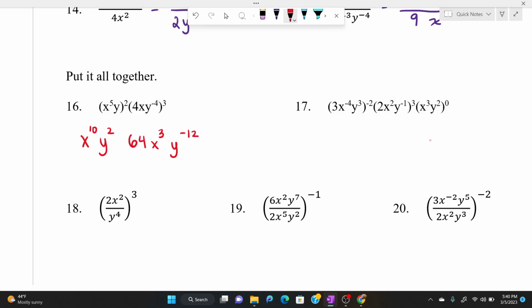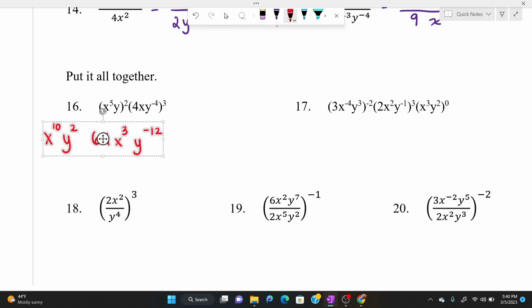Now, we still have some work to do. Let me move this over a little bit. And let's see what's going to happen. So let's combine these x terms. So that'll be x to the 13th. Let's put the 64 in front. I'm just going to squeeze that 64 right in here. 64, there you go.